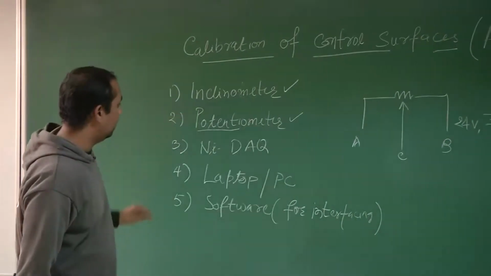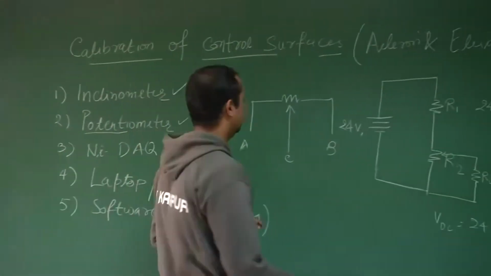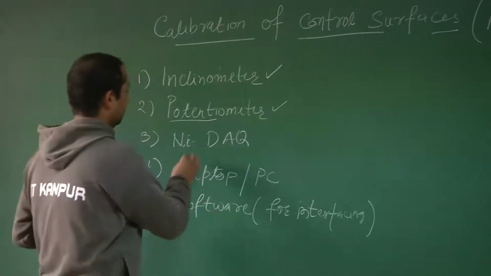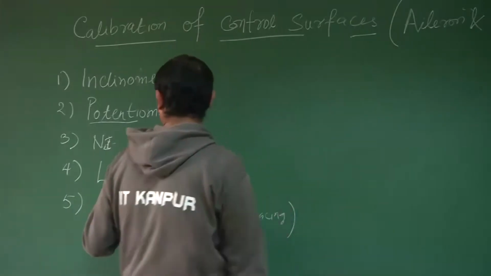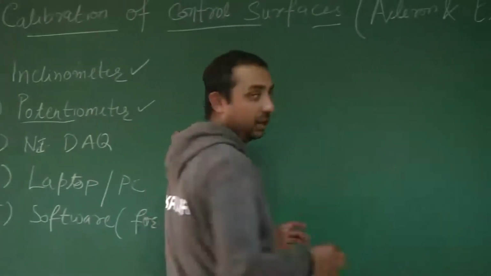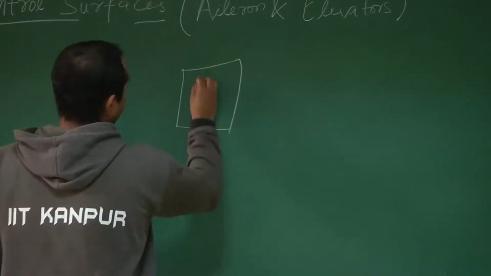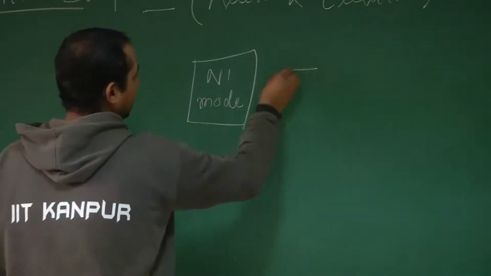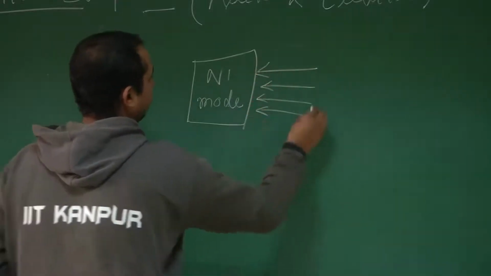Now these two we have already discussed, and I told you we require a data acquisition system. The data acquisition system we are using is from National Instruments, NI, and we can simplify that data acquisition system as an NI module. All the sensor data will be coming into the NI module.